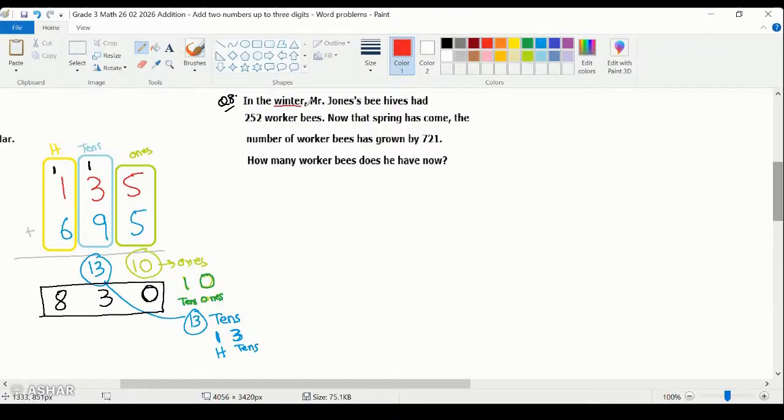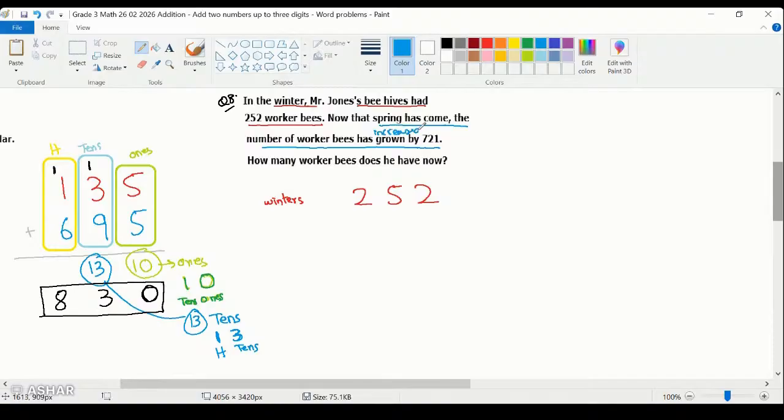During winters, Mr. Jones had 252 bees working in the beehive. During the spring, the number of workers increased. Grown means increased.